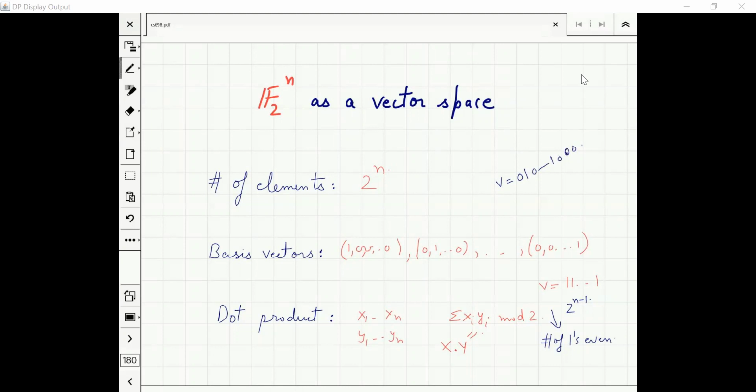It's the same, I guess, 2 to the power n minus 1. Why? It's because of the rank-nullity theorem.